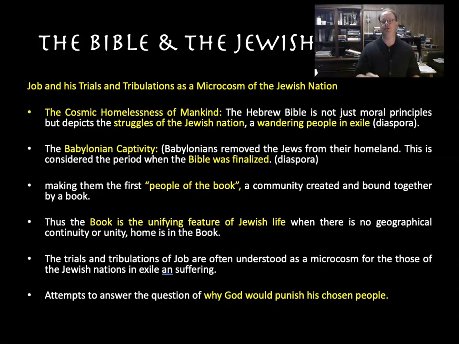In particular, the Jewish nation suffers this circumstance numerous times throughout their history, but particularly with something called the Babylonian captivity, in which they are forcibly exiled from their homeland in what is more or less modern day Israel. And they're taken captive under the Babylonian Empire, the 5th century BC, and it's called the Babylonian captivity.